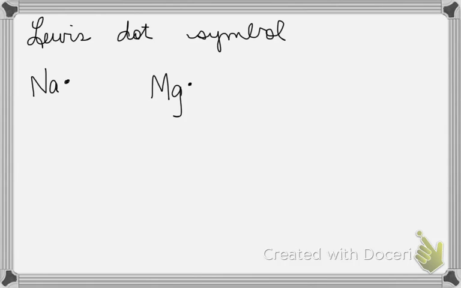I'm going to draw magnesium's Lewis dot symbol like this. It does not matter if you do it like I have it drawn there, or if you do like that. I'm trying to get them so you can see them. It doesn't matter if you put one on the left, one on the right, or if you put one on the side and one on the top. Okay?